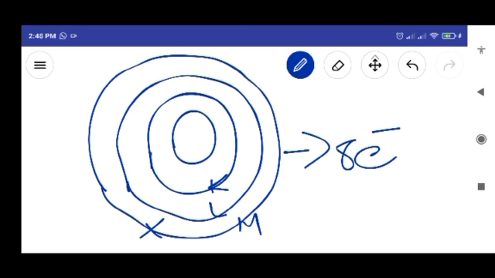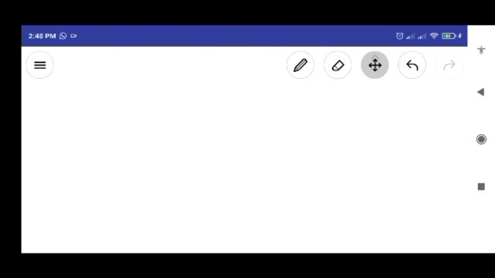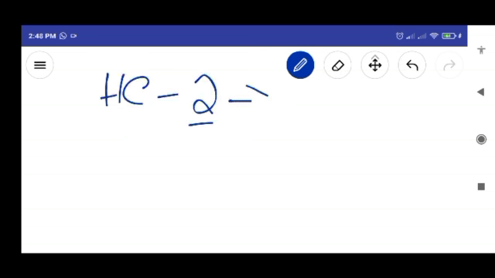Or else, in the case of helium, we'll take the example of the helium atom. Helium's atomic number is 2, hence it contains 2 electrons. So how can we draw the structure of helium? It has a small nucleus and a shell.